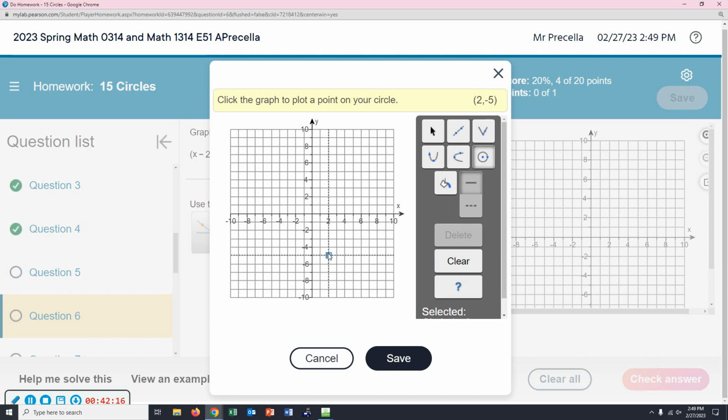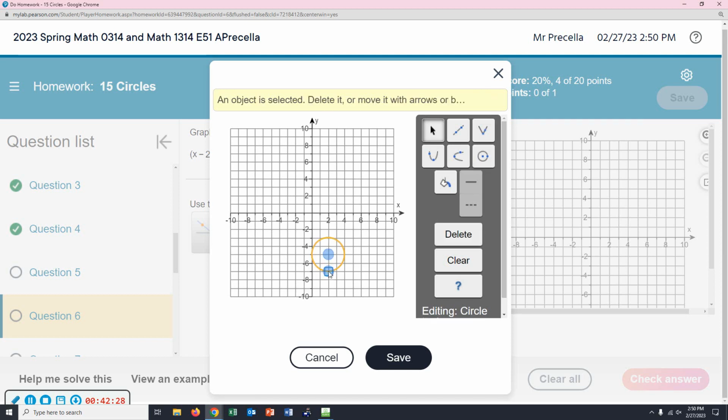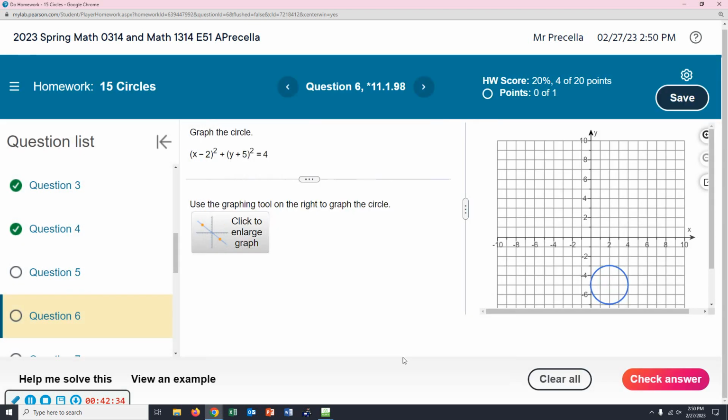Okay. Then move left, right, up or down 2 units. I think I'm going to move down 2. It'll do all of them. 1, 2. Then I'll say check it.